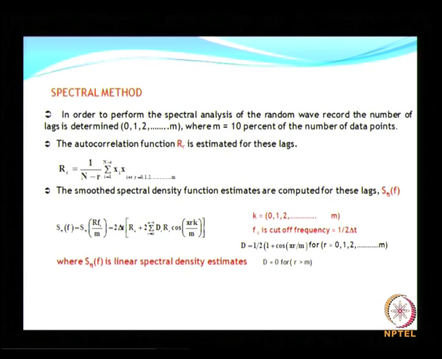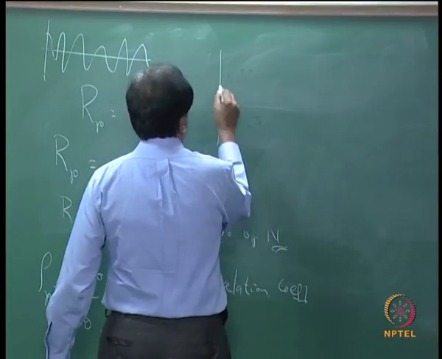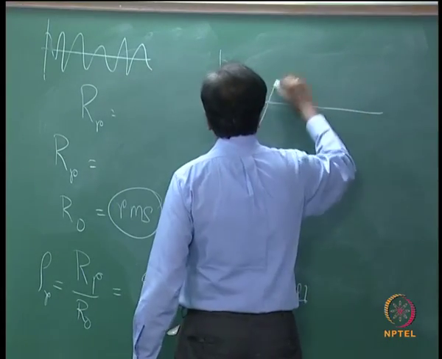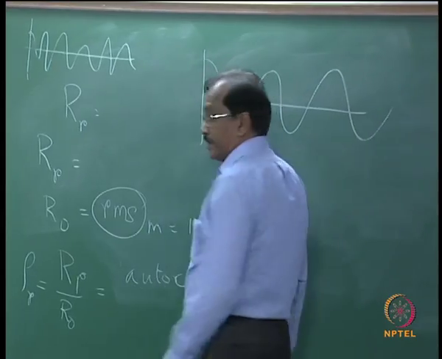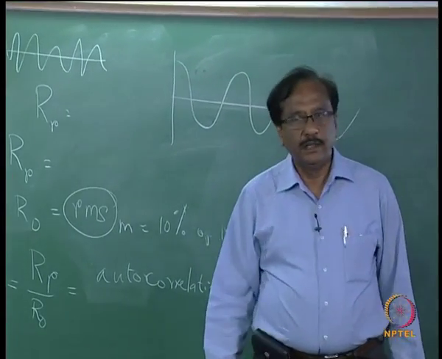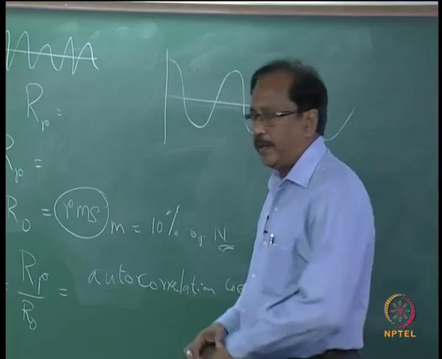If you determine the autocorrelation coefficient for a sine curve, you get a variation like this, and the same curve will be repeating.